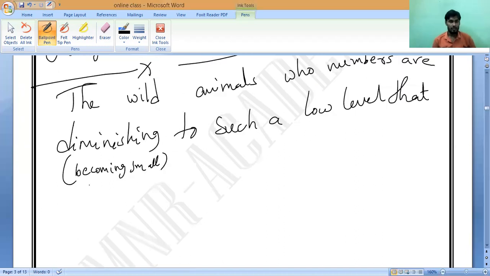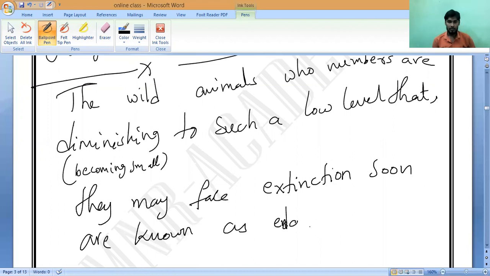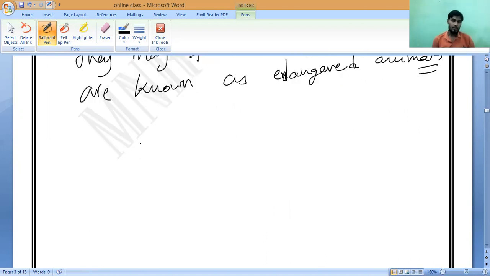Such a low level that, comma should come, they may face extinction soon, are known as what? Endangered animals. Is it okay now? Yes, sir. Examples. So let us take examples.